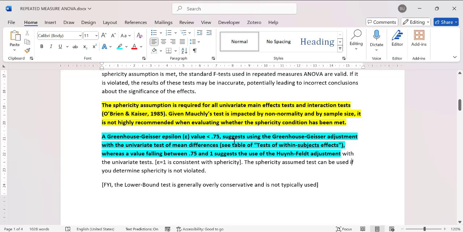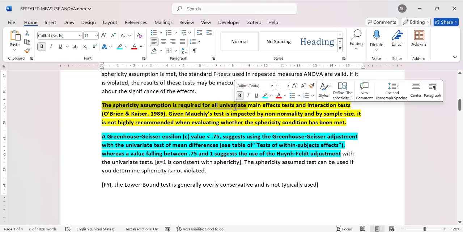This is because the multivariate tests are robust and they are still valid even when the sphericity is not assumed. So I'm going to show you a demonstration in SPSS.